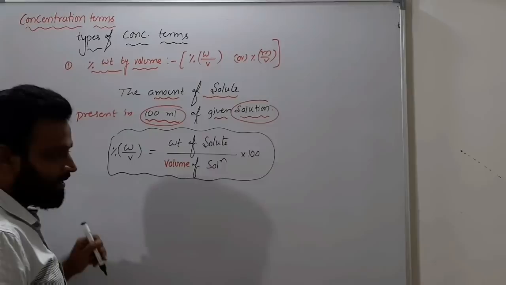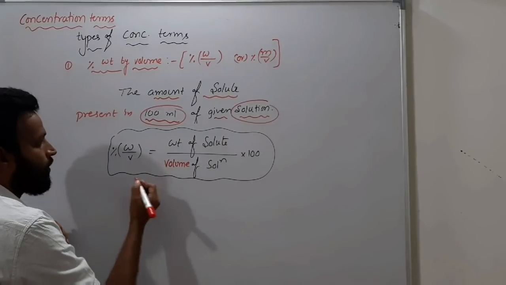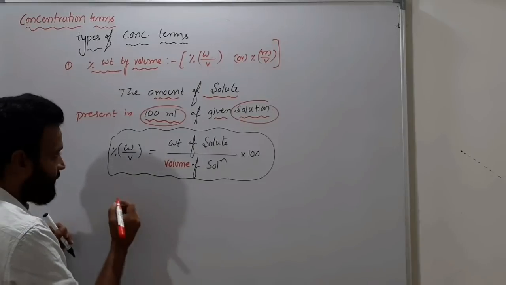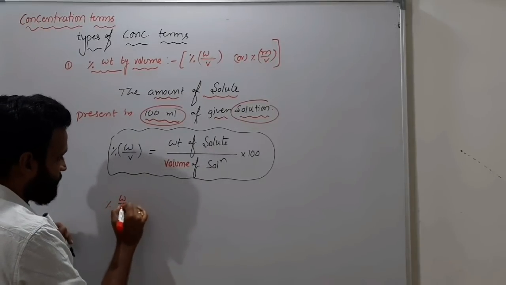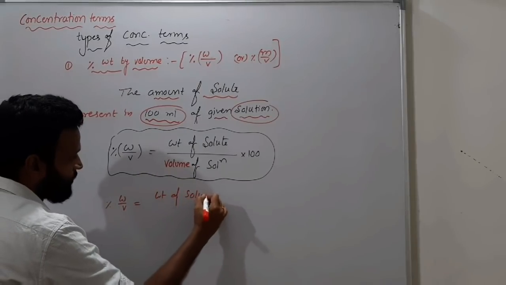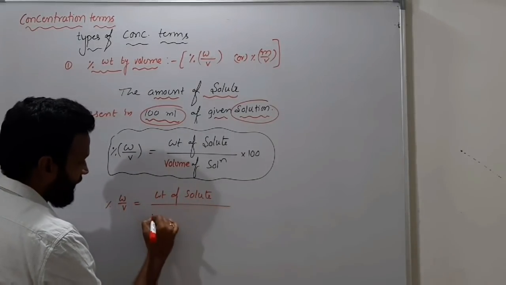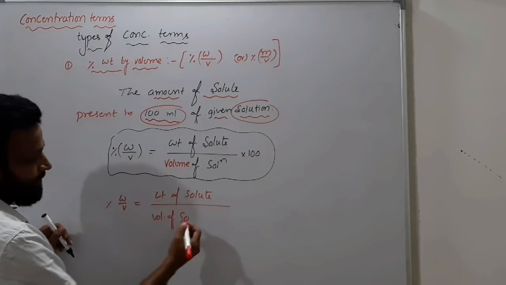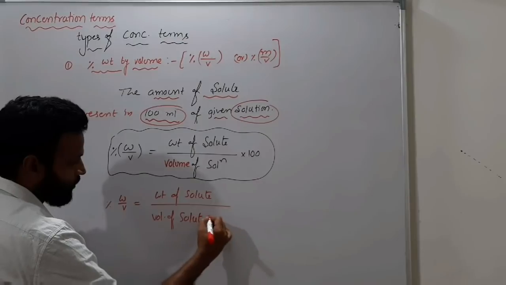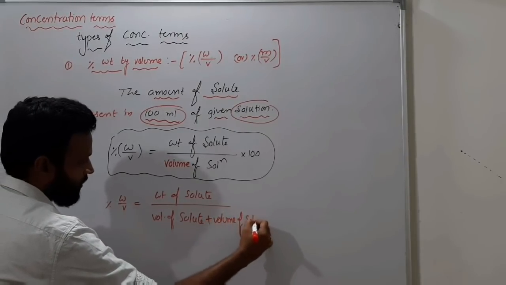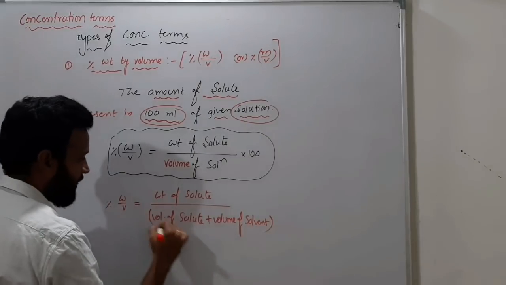Okay, so what can you write now? Volume of solute plus volume of solvent, you can write individually. Percentage W by V now is weight of solute by volume of solute plus volume of solvent, into 100.